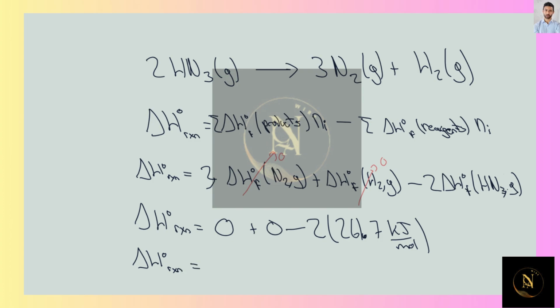This means that the delta H of the reaction is going to be equal to minus 523.4 kilojoules per mole.